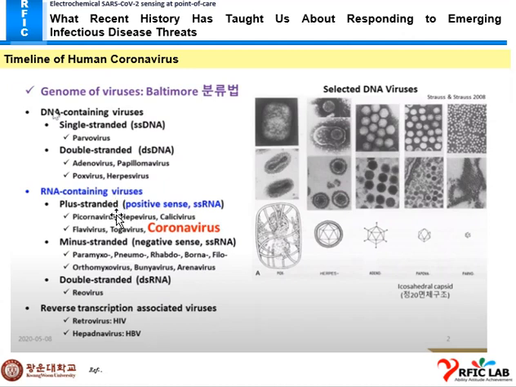Coronavirus is basically an RNA containing virus, positive-sense single-stranded RNA, and there are some reverse transcription associated viruses, basically retroviruses, and hepadnavirus HBV. So here we can see some good pictures of the virus structure and the colonies of the viruses.